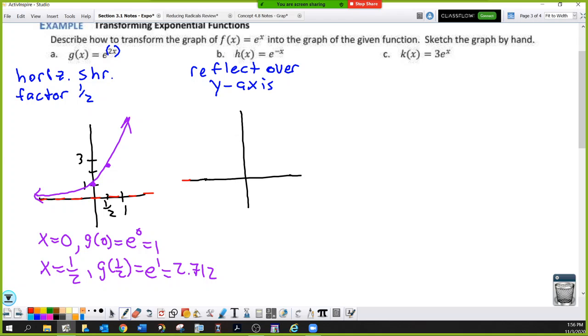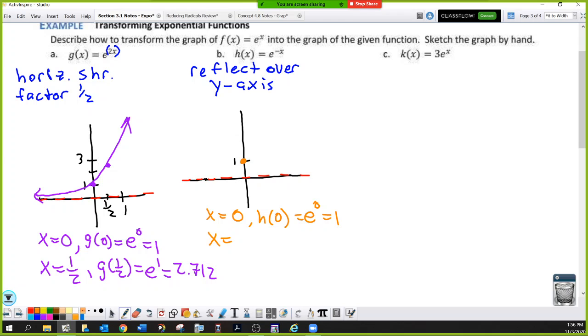I want my exponent to be 0, so that's going to happen when x is 0. I said it before you. That's e to the 0, which is just 1. So we're still crossing the y-axis at +1. And I would like my exponent to be +1.